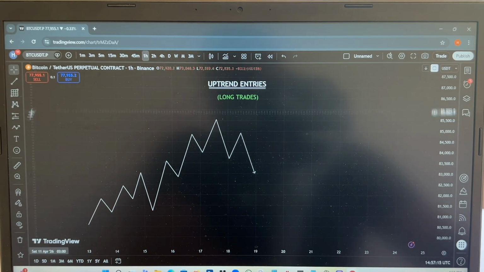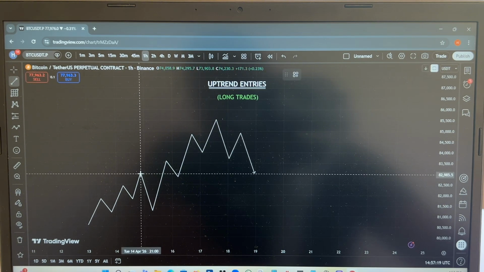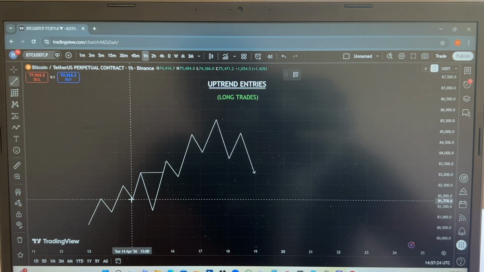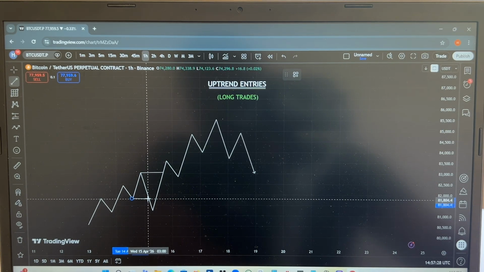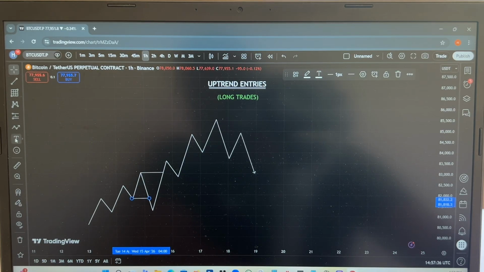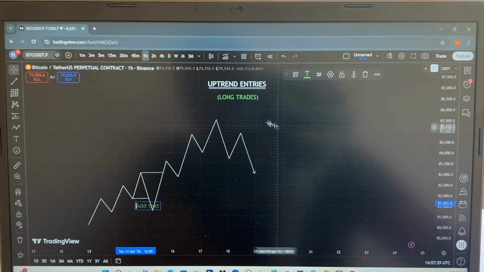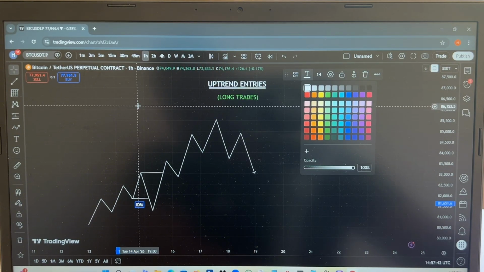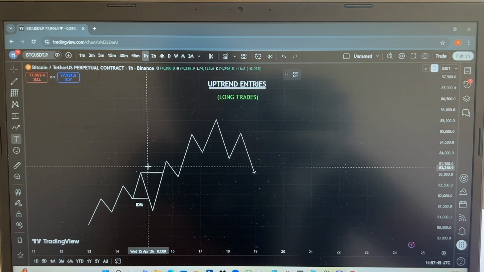So first of all, what we are going to do is mark the confirmed BOS and the inducement. I'm just giving you guys a sketch, but always keep this in mind when you're drawing a BOS. Always start with the inducement. So this is our inducement. We're going to put it as IDM. Change the color, and then this is our BOS.